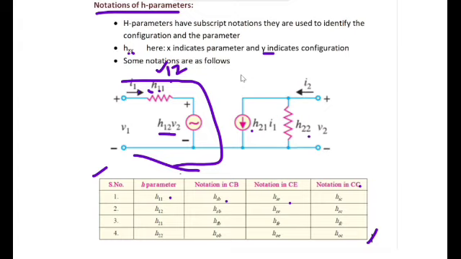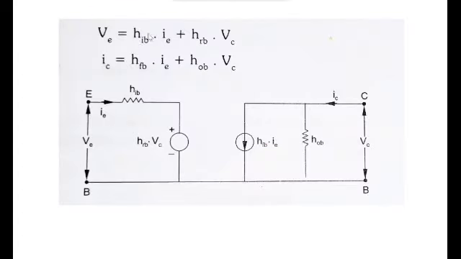And if we go to the second equation, that is I2 is equal to h21 into I1 plus h22 into V2. The second equation defines the second network in the circuit. This is how the notations are going to be done, and we will see the different configurations having different notations.